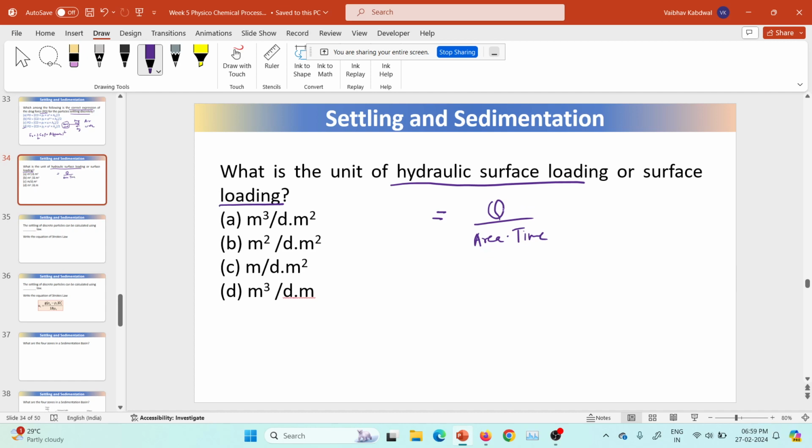This is not Q actually, let me explain it further. How much volume of water is supplied per unit area per unit time, so it is meter cubed per meter square per day, which is meter per day. The answer is A, I think.